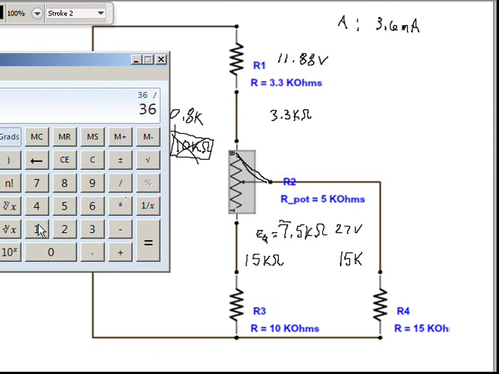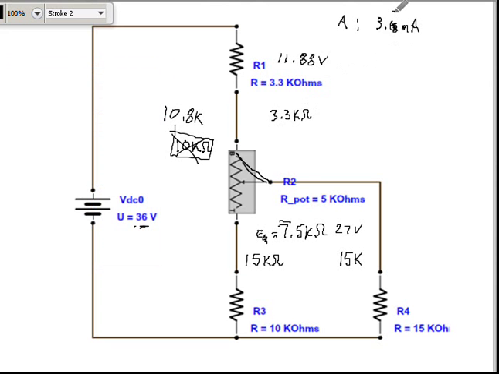36 divided by 10,800 ohms equals 3.333333 milliamps, and I'm going to go out 3 more decimal places there.